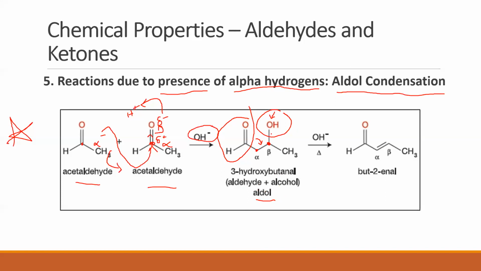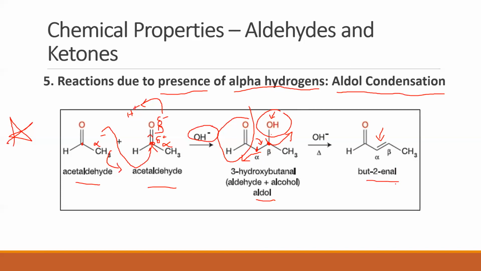OH minus will be removed from here, and H will be removed from the alpha carbon here, and I get a double bond. Clear? Fine. So OH minus will be removed from here, H plus will be removed from here as water, and there's a double bond that gets formed, which is what is indicated here to give us but-2-enal.